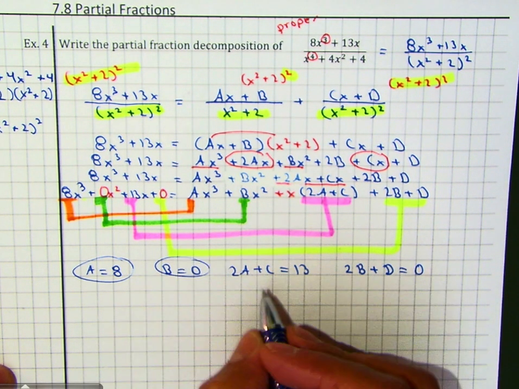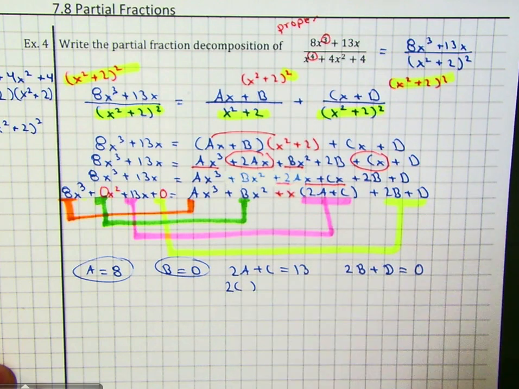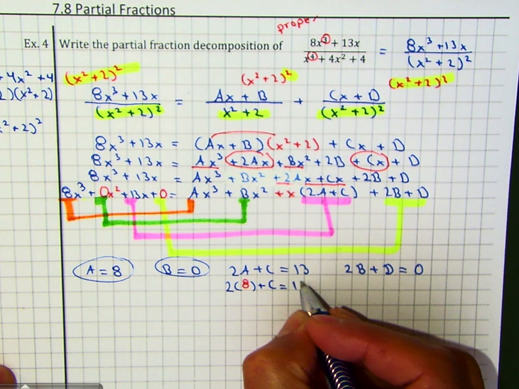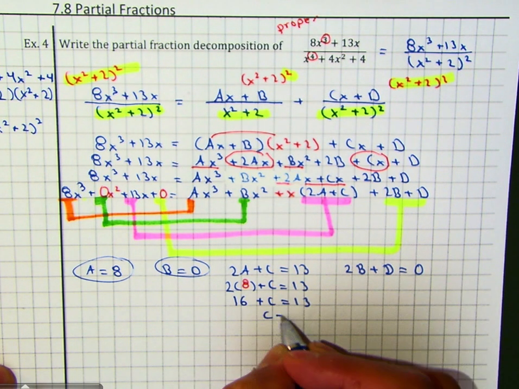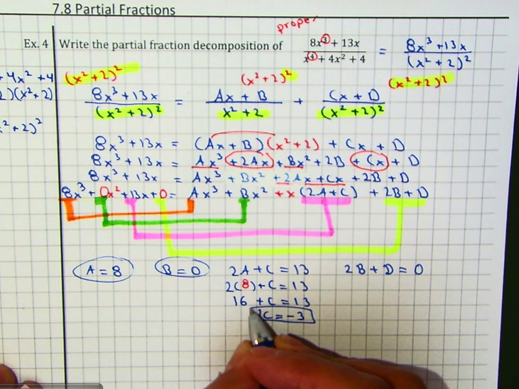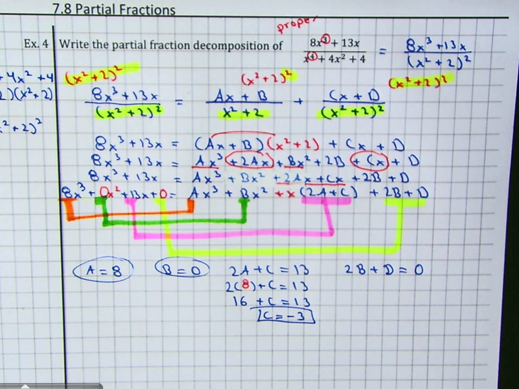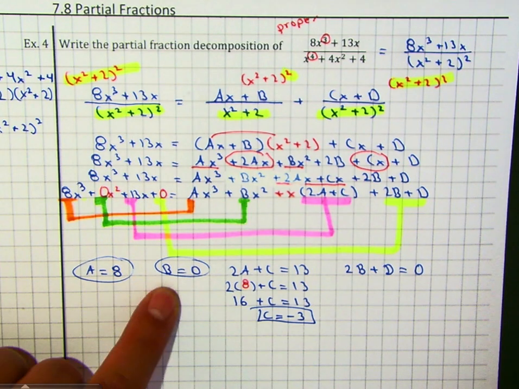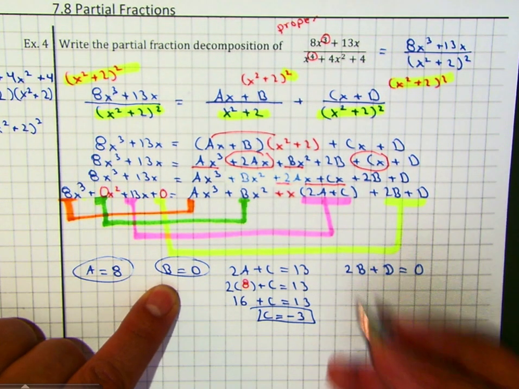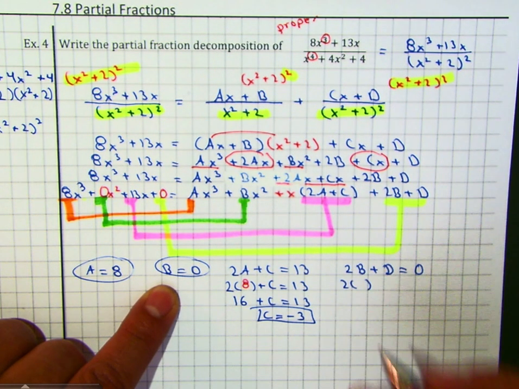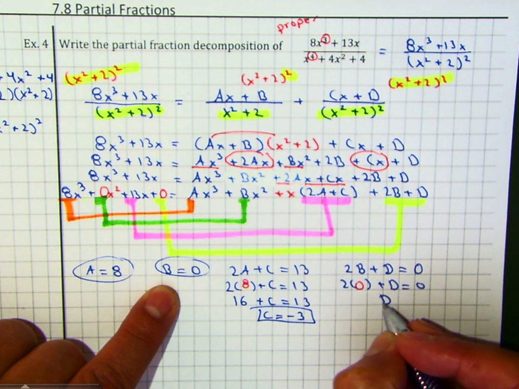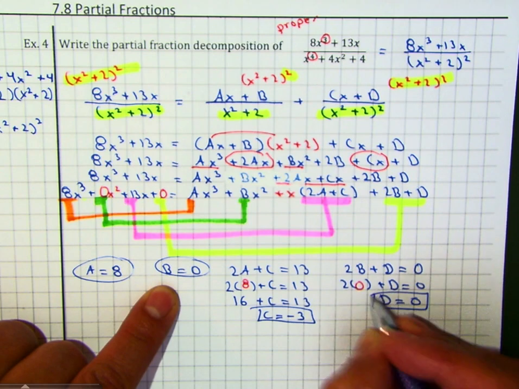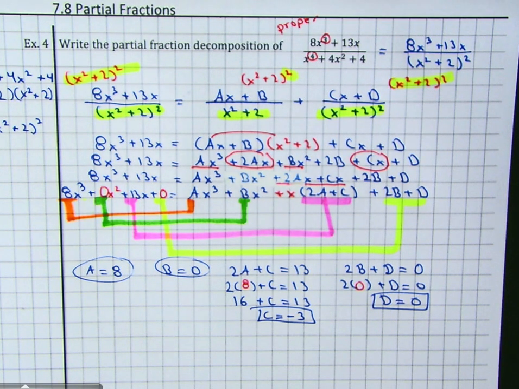B equals 0, so we have 2 times 8 plus c. So we have 16 plus c, therefore c equals -3. I want to place my b as a 0, so we have 2 times 0 plus d, therefore d equal to 0. So we found all the values.